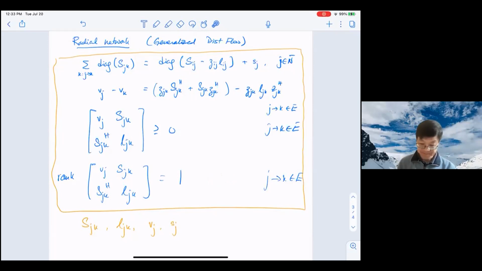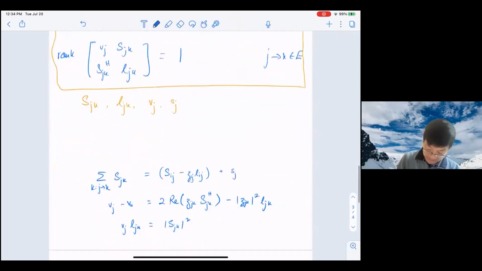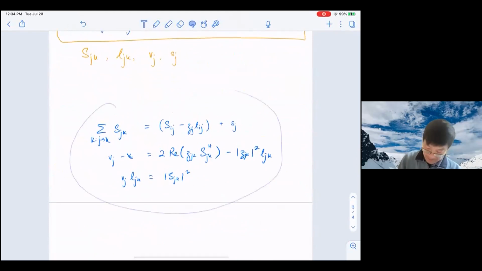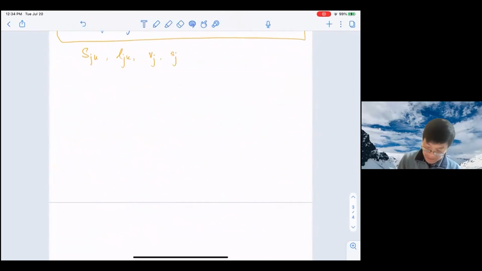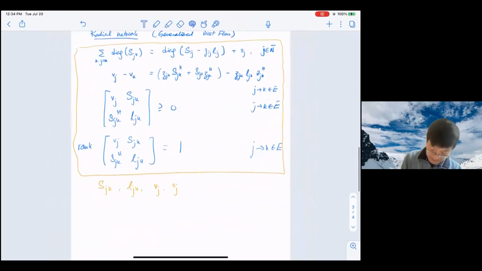And therefore, the OPF problem in the three-phase setting is simply, let me write that, you want to minimize a certain function of, let's say it depends only on the injections. It could depend on other variables as well.